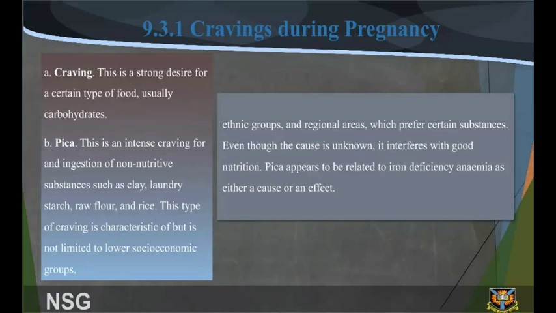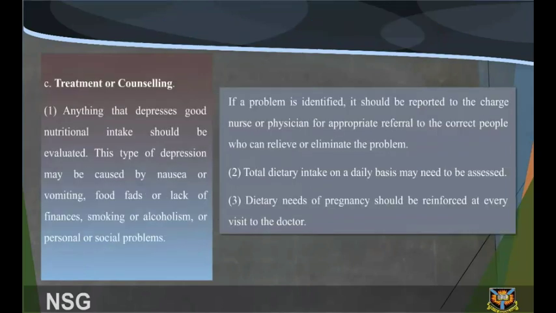This type of craving is characteristic of, but is not limited to, lower socioeconomic groups, ethnic groups, and regional areas which prefer certain substances. Even though the cause is unknown, it interferes with good nutrition. Pica appears to be related to iron deficiency anemia as either a cause or an effect.